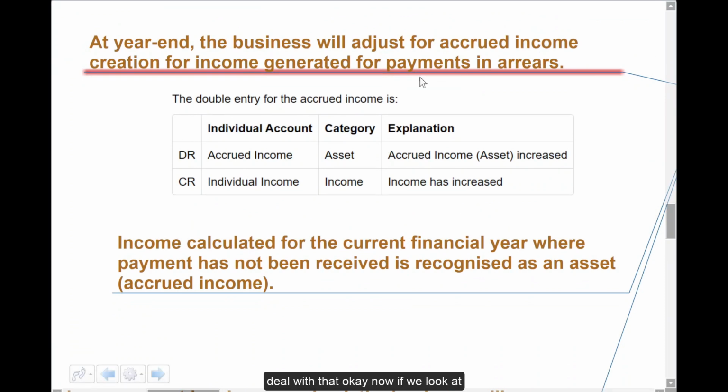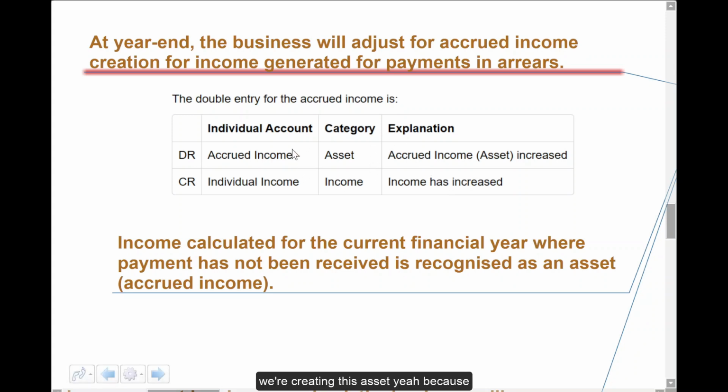Now, if we look at the double entry, what we see here is that we have entries into an asset account, accrued income, asset, and we have an entry into individual income or increasing income. So it seems to me what we're doing here in one sense is creating a debtor and creating income.